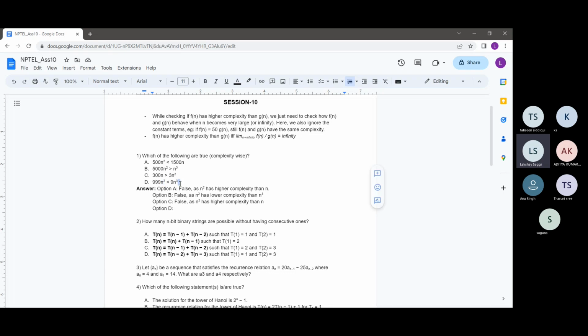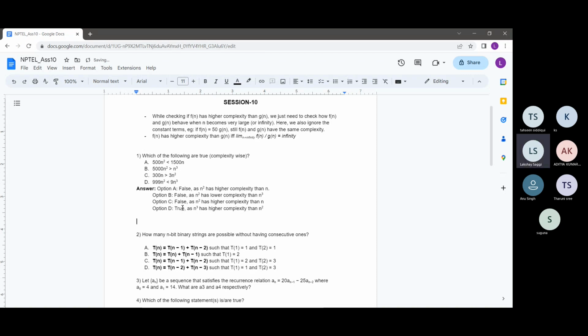So this statement, in fact, is true, since n cube has higher complexity than n square. So the final answer is option D is correct, and only option D is correct. All other options are false as we have discussed. So I'll just underline this.